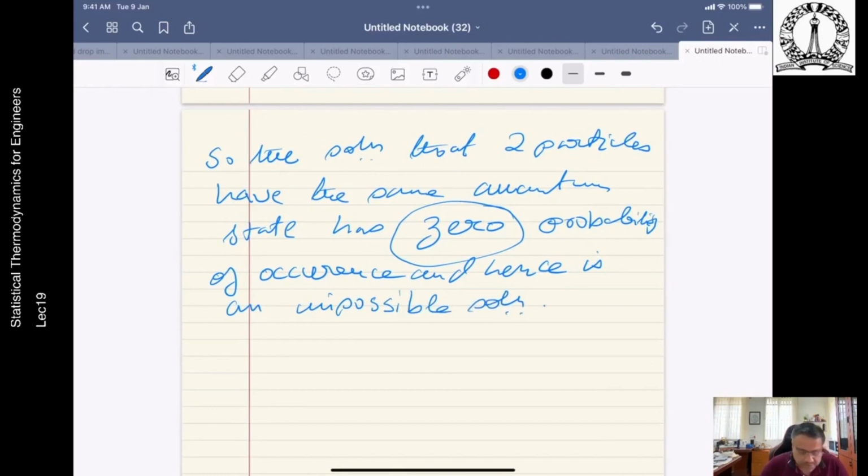So this important result is called Pauli's exclusion principle.